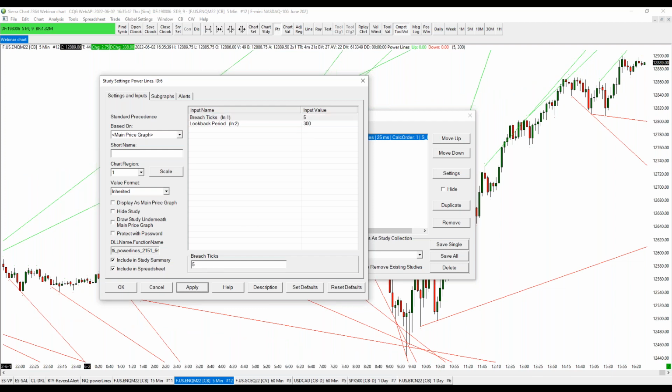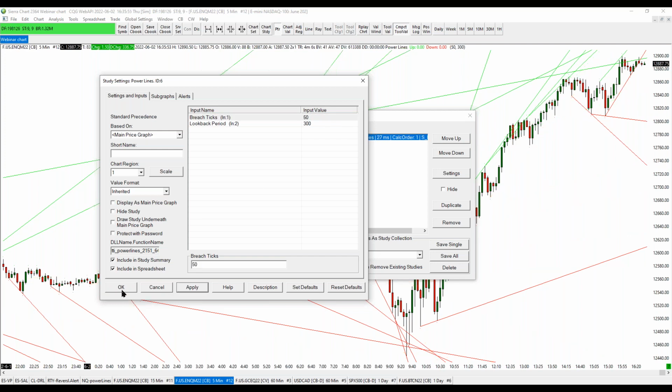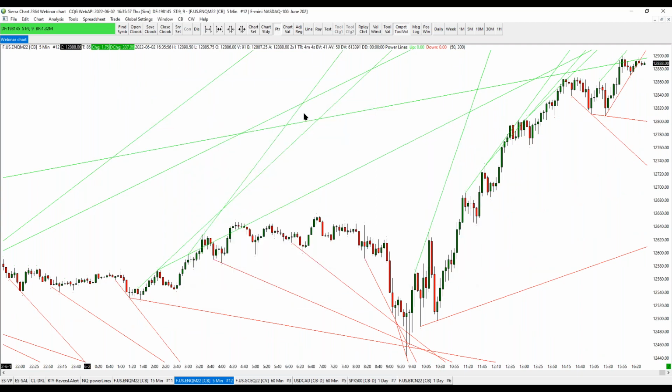But if I make it less sensitive, 600 ticks breach, you see how many I get? I get more. All right, so let's make it 50, keep everybody happy for now. Again, this is part of the package: support, resistance, indicators, etc.